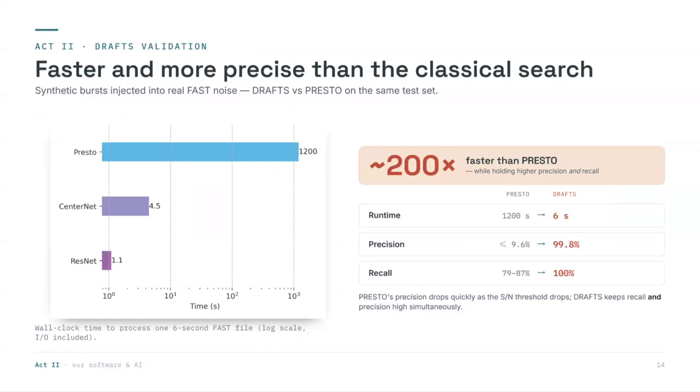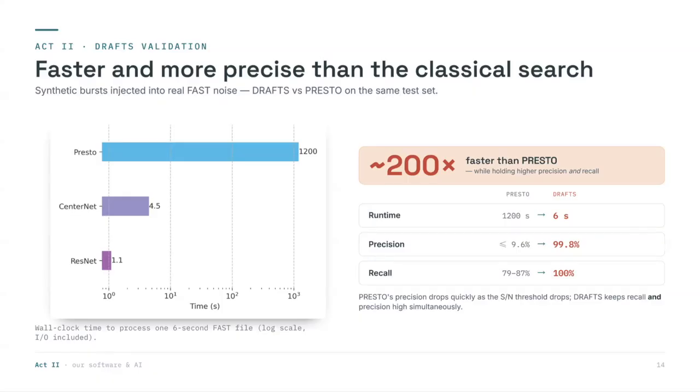We tested the performance on a real FAST data set. We compare DRAFTS with PRESTO. To process one 6-second file, PRESTO takes about 1,200 seconds, and DRAFTS takes only 6 seconds. This is roughly 200 times faster. For precision, PRESTO drops below 9.6% at low threshold, and DRAFTS stays at 99.8%.